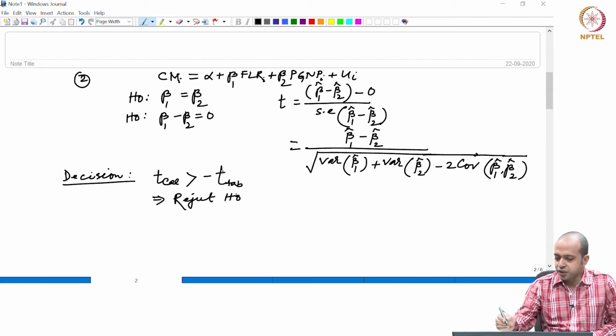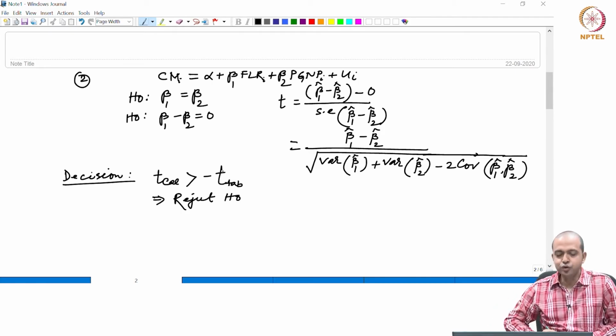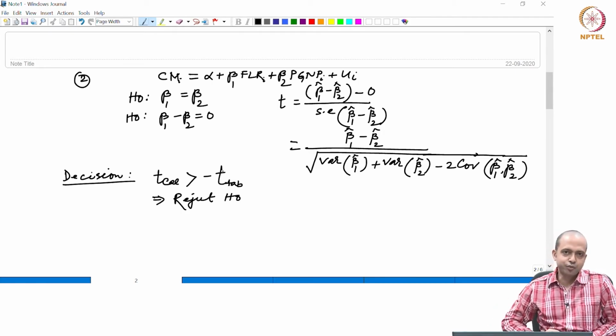So, this will give you the T calculated value and you have to check the tabulated T at a specific level of alpha, either 1%, 5% or 10%. Then depending on the value of T tabulated, you can easily decide whether to reject your null hypothesis or not.